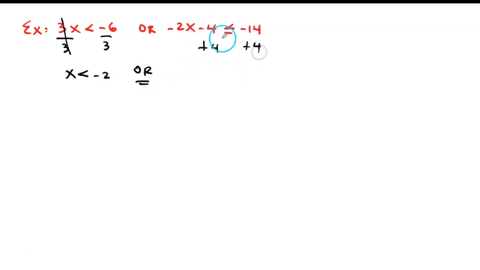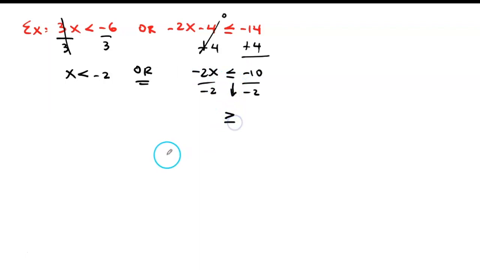Plus 4, plus 4; -4 plus 4 is 0. Bring down the -2x less than -10. Divided by -2. Remember, I am dividing by a negative number, therefore my inequality symbol has to flip. The -2 divided by -2 cancels, equal to 1, so x is greater than 5.